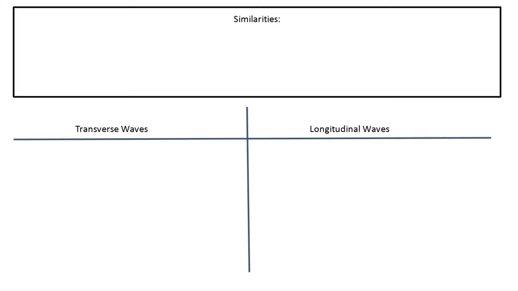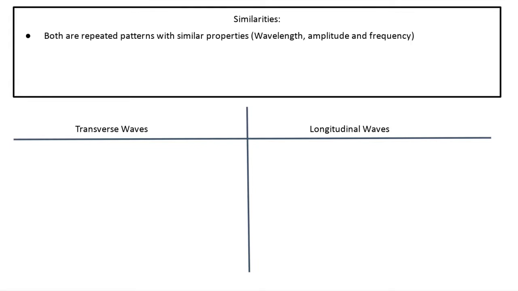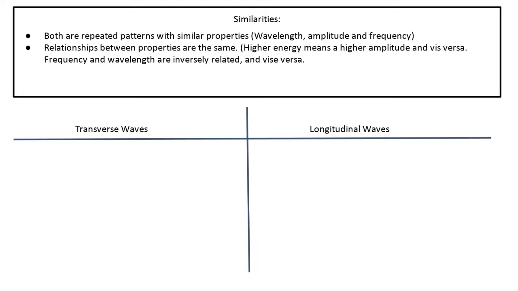Okay. So let's talk about how transverse waves and longitudinal waves are the same. So the first thing, both are repeating patterns with similar properties. Both waves have wavelength, amplitude, and frequency. The relationships between the properties are the same. So a higher energy means a higher amplitude.